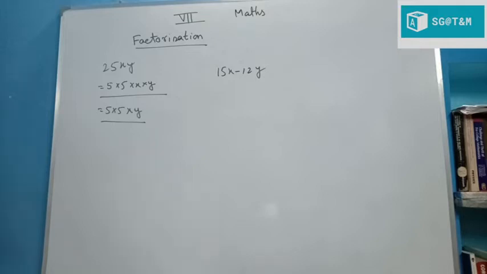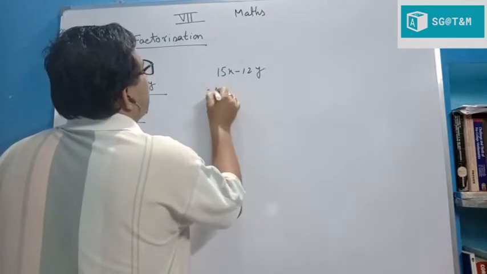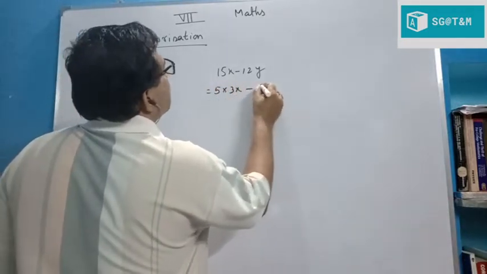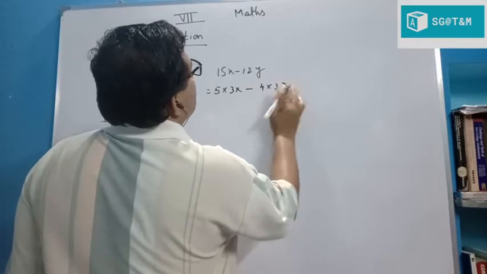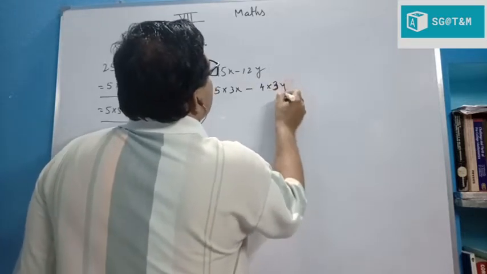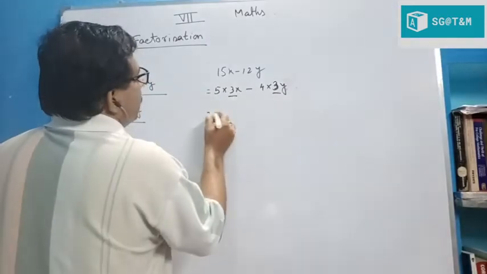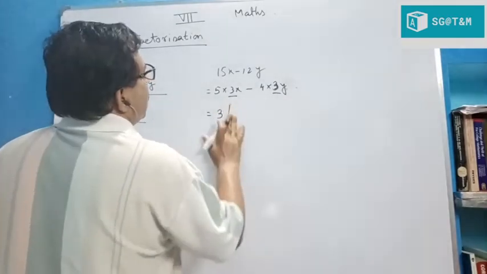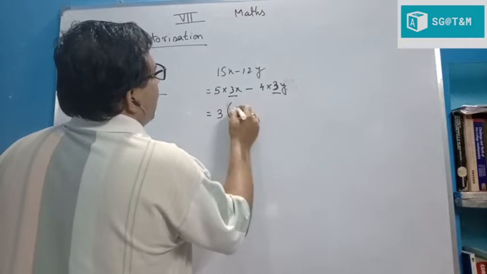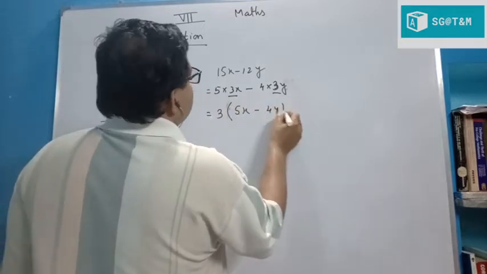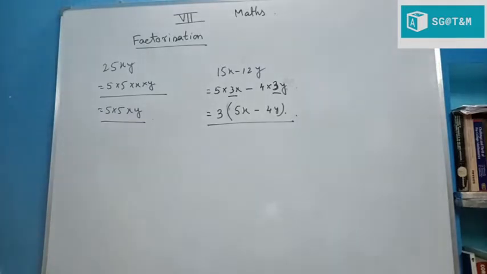This can be written as 5 into 3x and 4 into 3y. So the common factor is 3. Taking 3 common, you get 3 into 5x minus 4y. These are in factor form. This is factorization by selection of common factors.